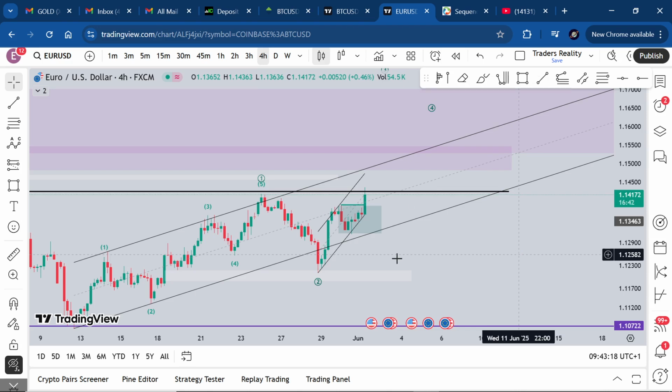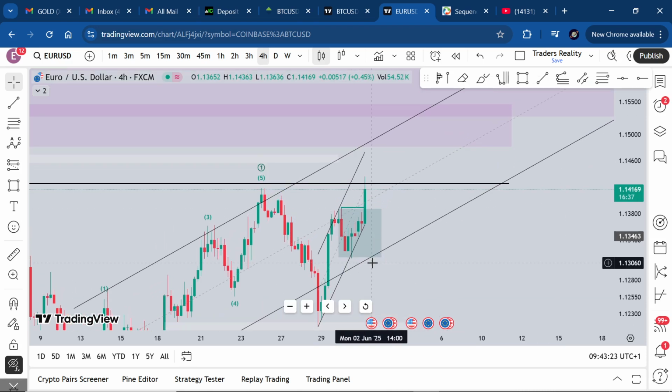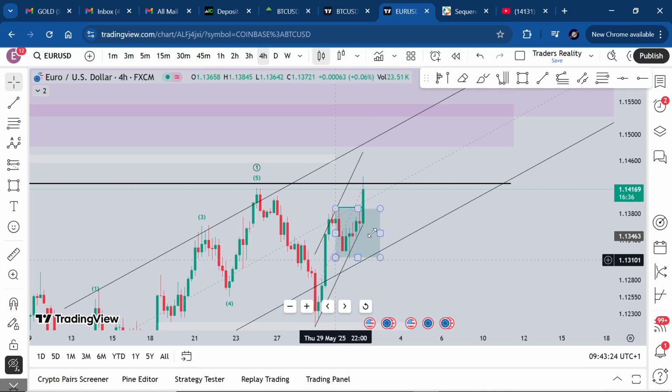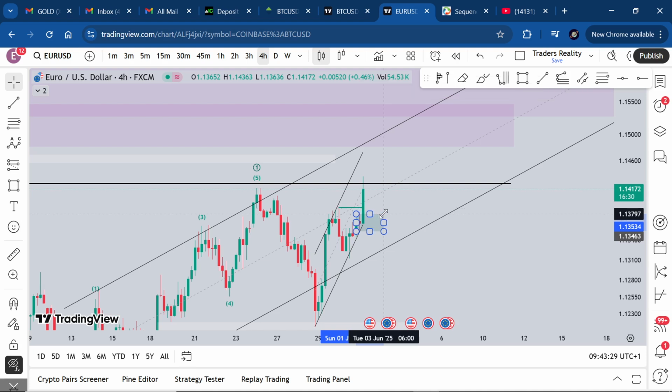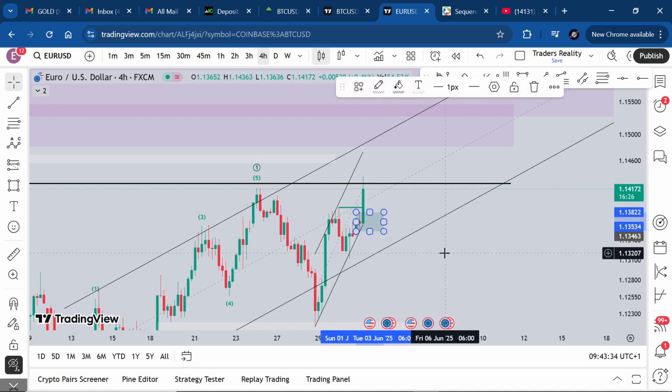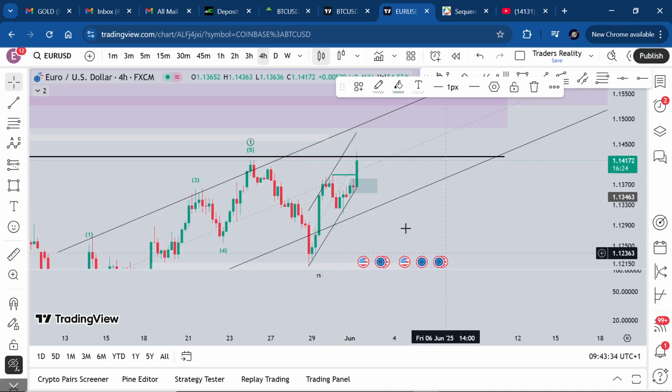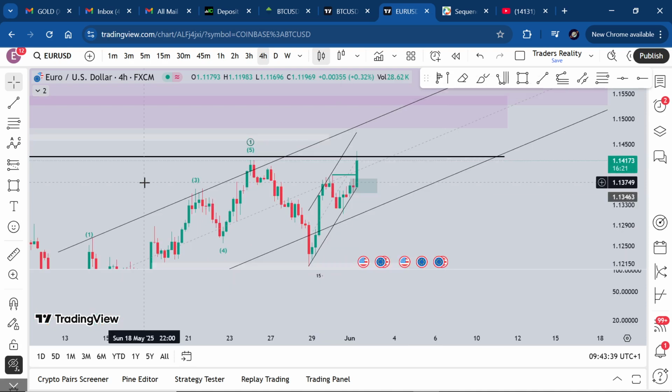The whole green box is our buy zone currently. Now, if I was to refine this, I'll refine it to here. So now that's my buy zone, and the market doesn't have to come there.